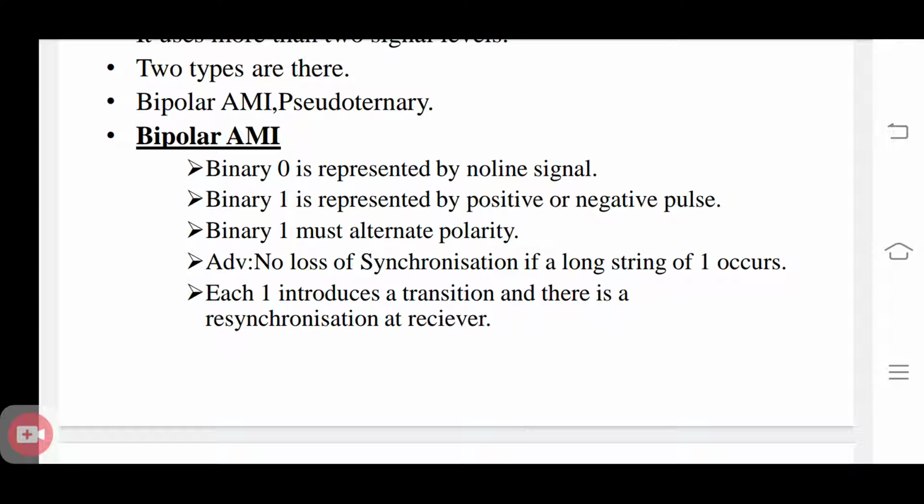So the resynchronization mechanism is also handled in the receiver. That is the main advantage of bipolar AMI over NRZ. Binary 0 is represented by absence of voltage and binary 1 by positive or negative voltage, and the main advantage is the synchronization and resynchronization property in the system.